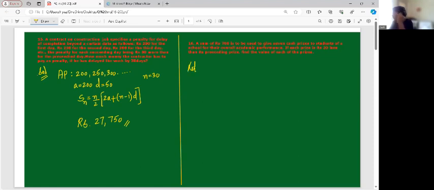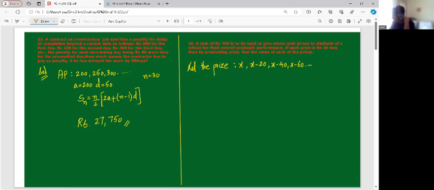Let the first prize of the student be x. Then the second cash prize will be 20 less, means from x we subtract 20, then 40, and like that 60. Each prize is rupees 20 less than the preceding one.